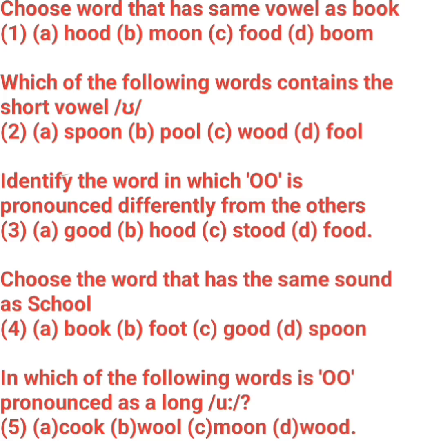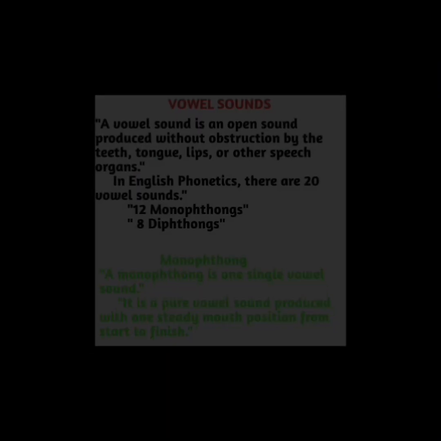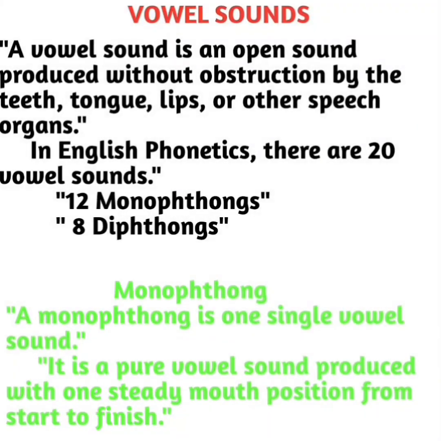Vowel sounds. A vowel sound is an open sound produced without obstruction by teeth, tongue, lips, or other speech organs. Or we can say a vowel sound is any open sound where there is no obstruction or blockage caused by teeth, tongue, lips, palate, or any other articulator.